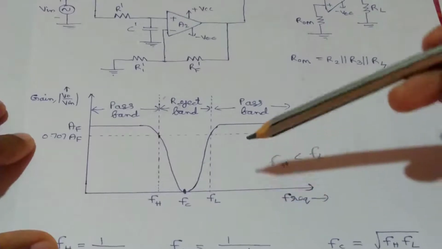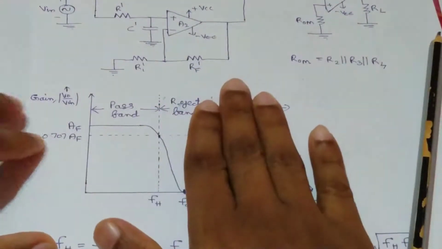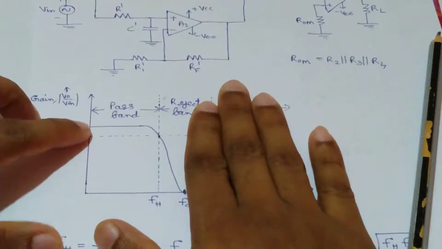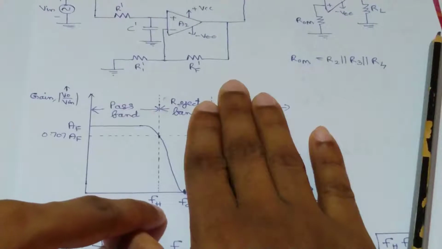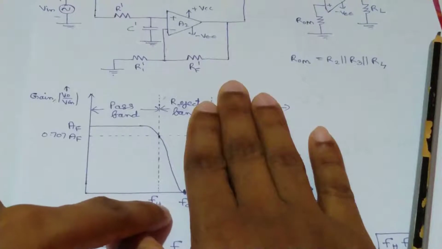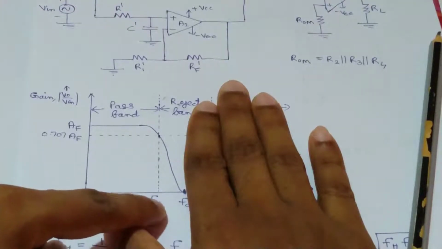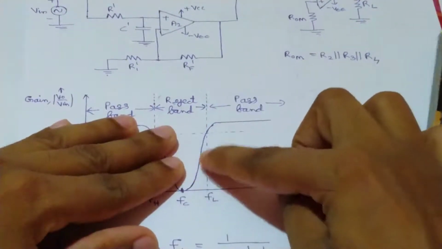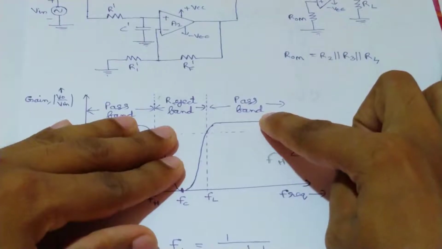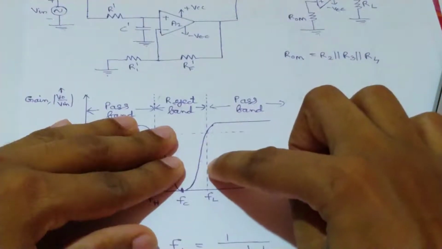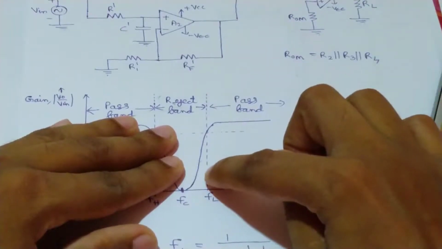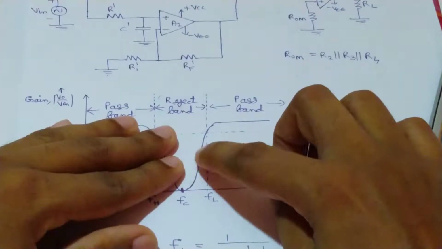Now when we consider this frequency response, we can see this first section actually represents the response of a low pass filter. And we know the low pass filter passes the frequencies that come before this FH, and it blocks the frequencies that come after this FH. And this section represents the frequency response of the high pass filter, and a high pass filter passes the frequencies that come after FL and it blocks the frequencies that come before this FL.